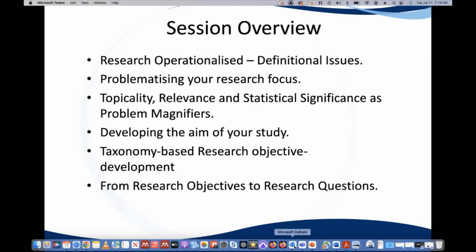So what we will also do, taking up from the issue of magnifying a problem, is look at how you develop the aim of your study, how you develop the research objectives that guide your study, and then of course the journey that one travels from having research objectives and turning those into research questions, and how one form of specification is necessary, in what circumstance one utilizes it, and so forth.